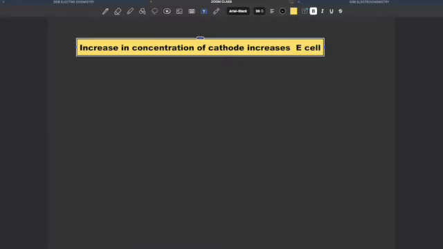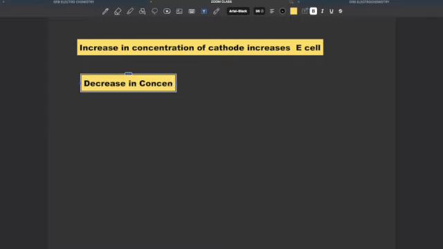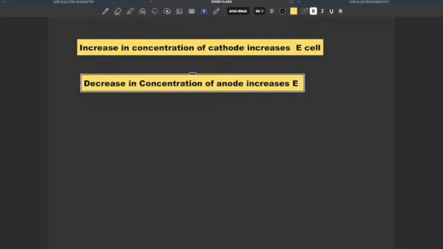This is the first statement, right? Second statement is decrease in concentration of anode increases E cell.